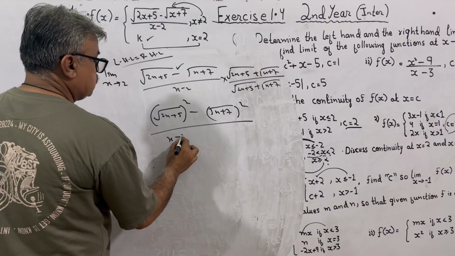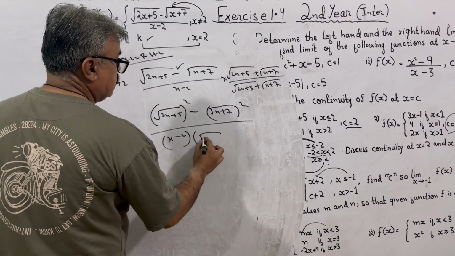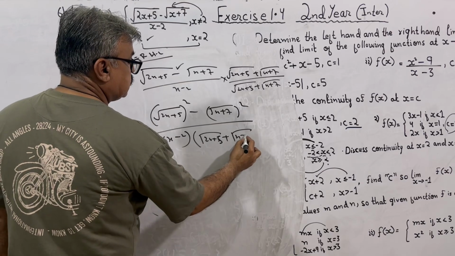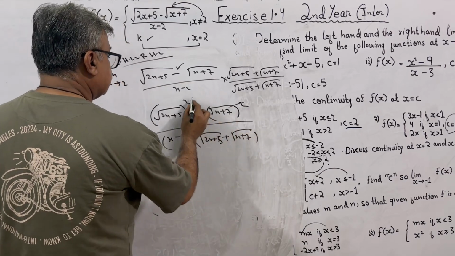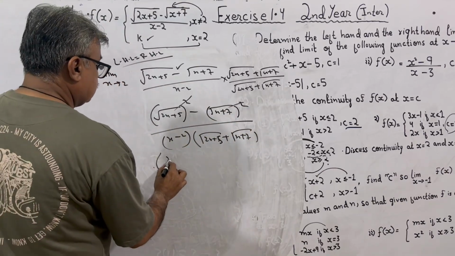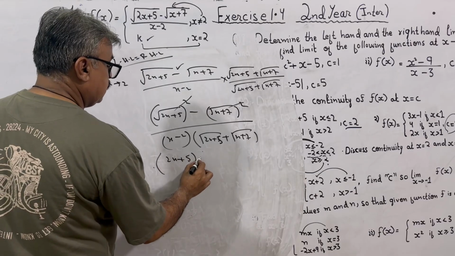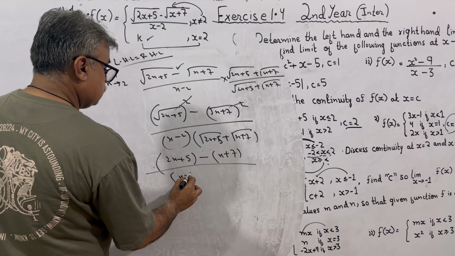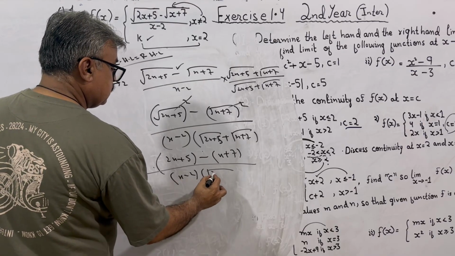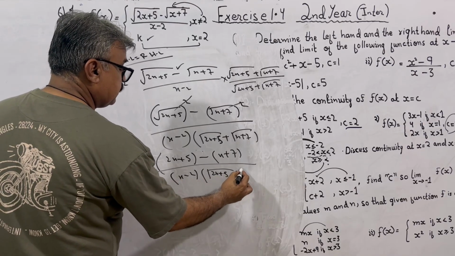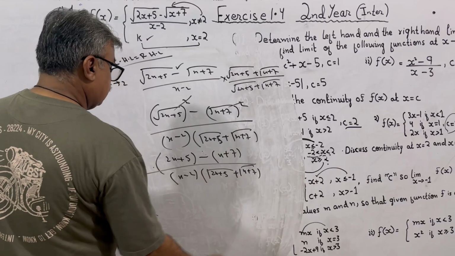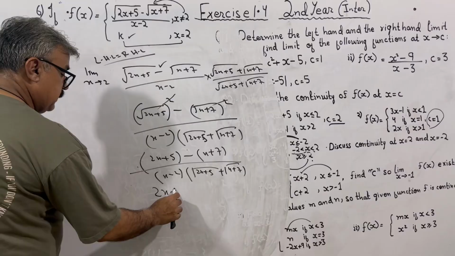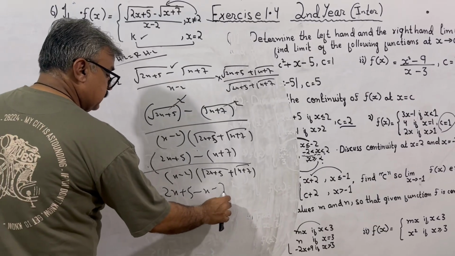Over x minus 2 times the bracket of root 2x plus 5 plus root x plus 7. Square and root cancel, so we have 2x plus 5 minus x plus 7 over x minus 2 times the bracket. Multiplying out, we have 2x plus 5 minus x minus 7.